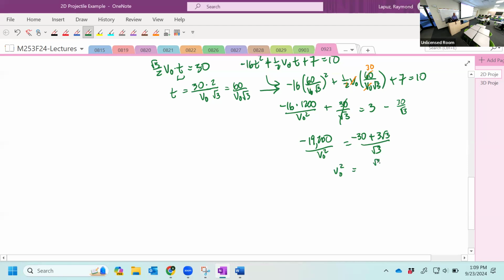This would be root 3 divided by negative 30 plus 3 root 3, and then reciprocal, this goes in the numerator, negative 19,200. And I see that this is negative 30 minus something smaller than 30 is going to be negative, but then this will make it positive.